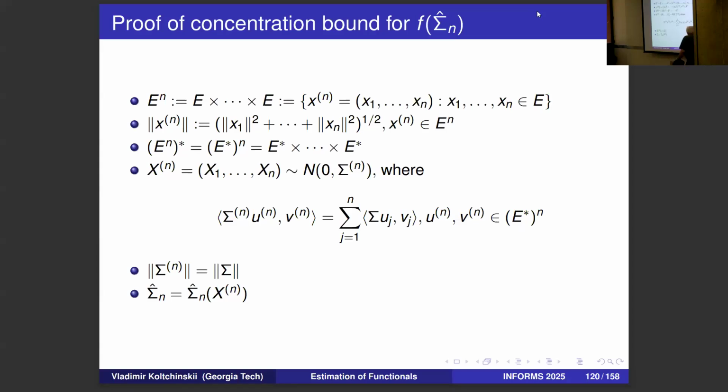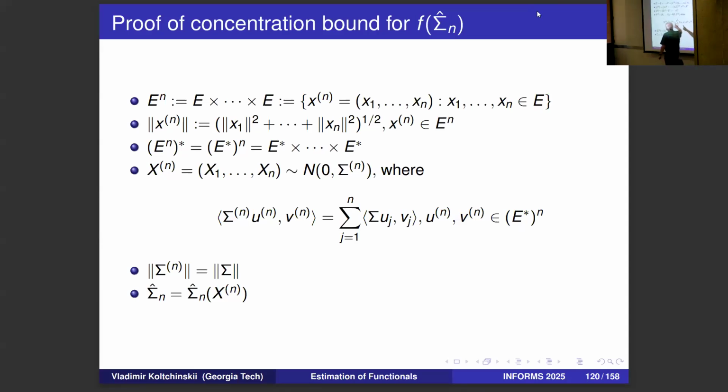In this case, we need to choose the space, and the space will be the cross product of n copies of E, the space of n-tuples where each coordinate belongs to E. I can equip this with a norm like this, and it will make it a Banach space.